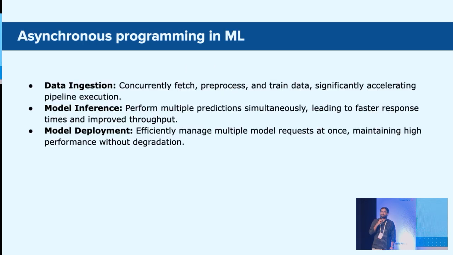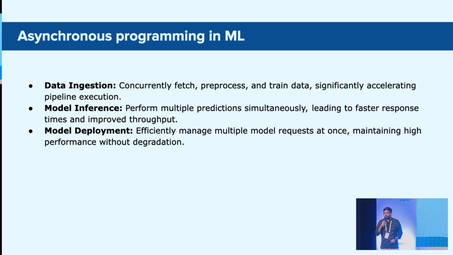So how can you use asynchronous programming in machine learning? There are broadly three main applications. First and foremost, you can use it for data ingestion. What I mean by data ingestion is, suppose you have 10 URLs you have to fetch data from, you can do it concurrently using asynchronous machine learning pipelines.